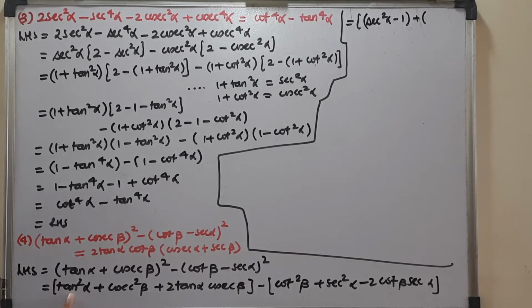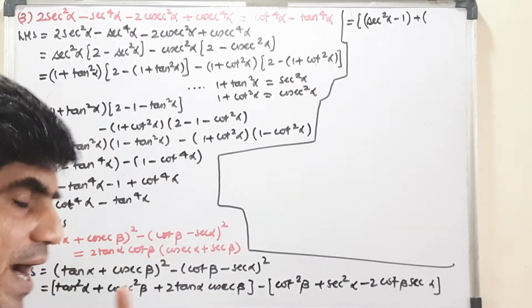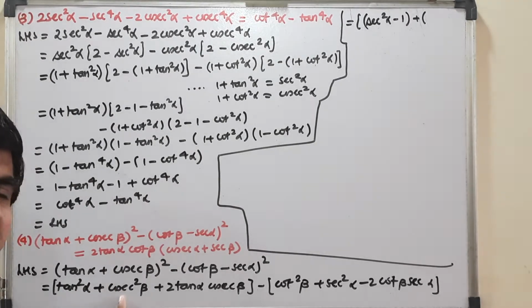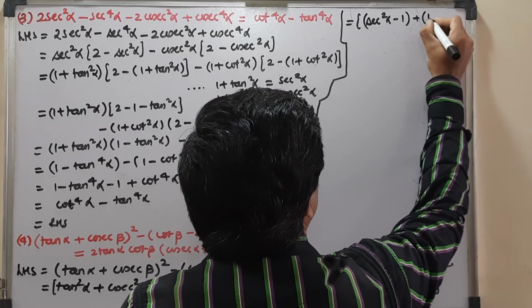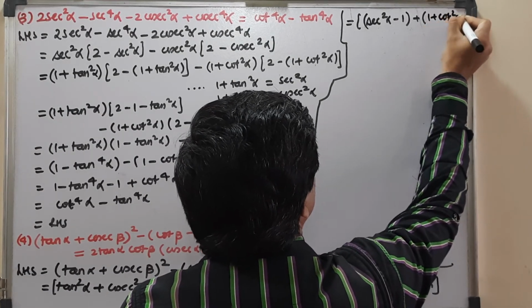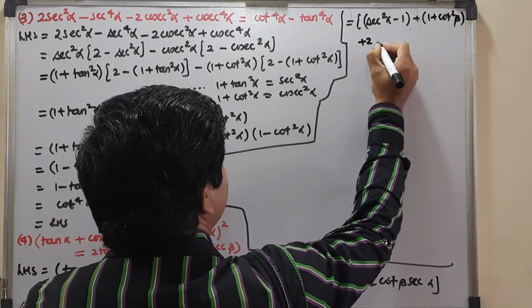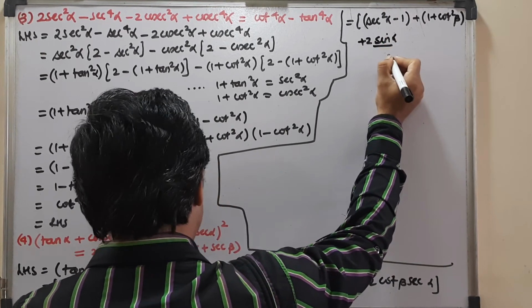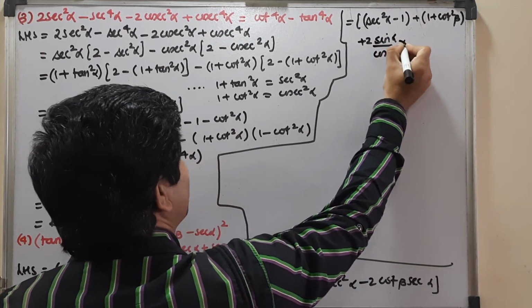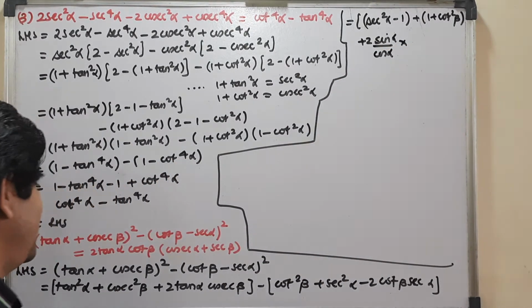Here see the difference. This is tan square, 1 plus tan square alpha is equal to sec square alpha, correct? And here cosec square beta is there, that is 1 plus cot square beta. So 1 plus cot square beta, bracket closed, plus 2 tan alpha upon cos alpha. And cosec beta, is it required?